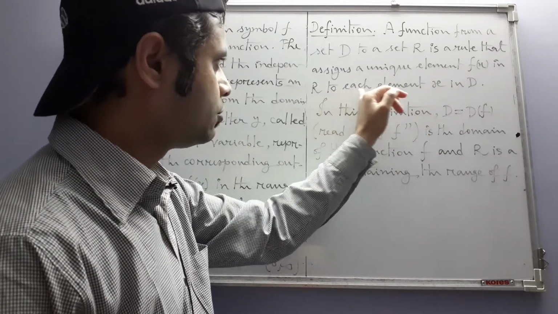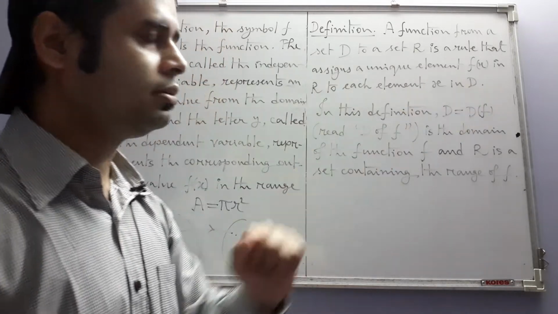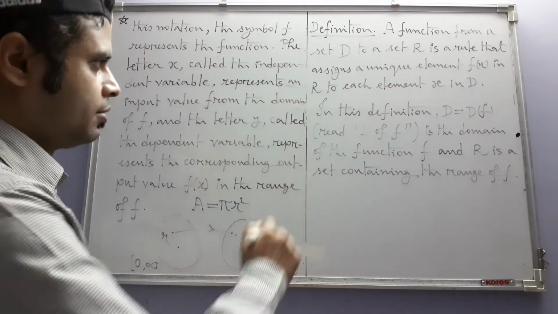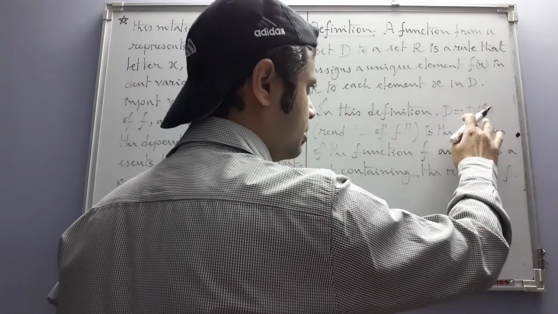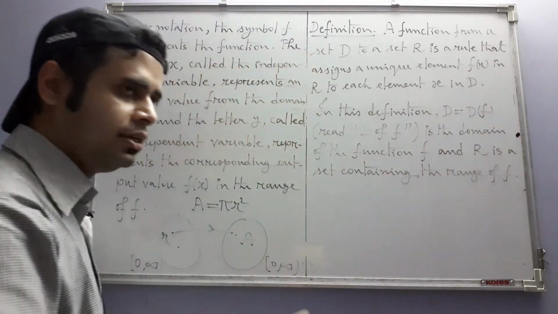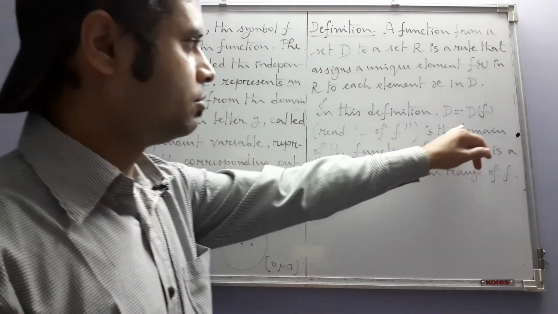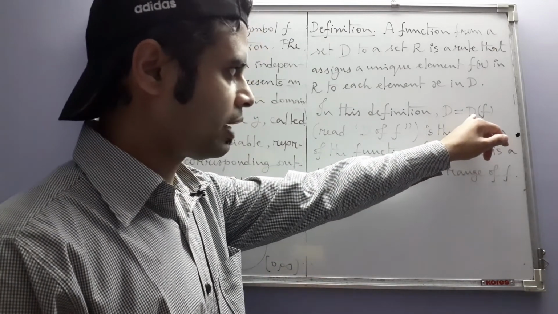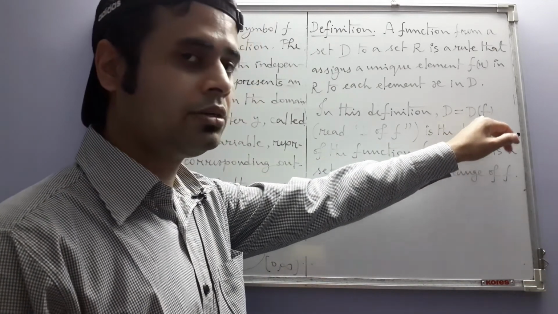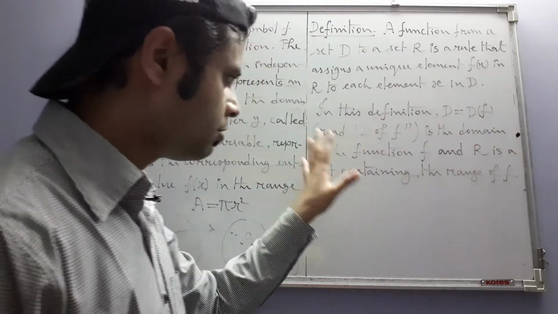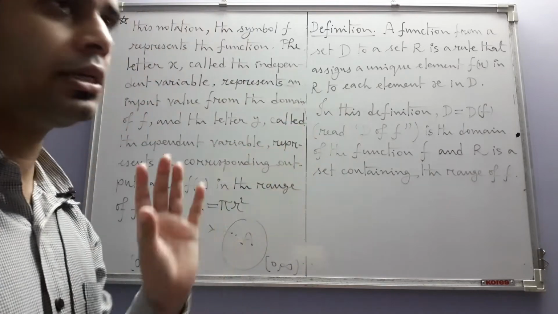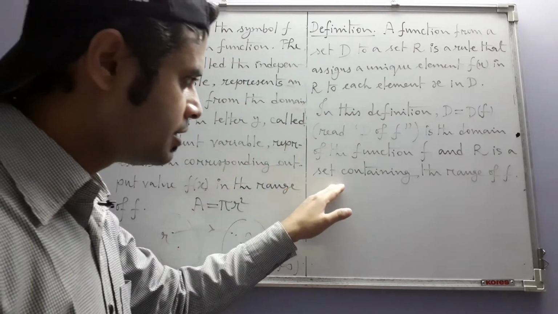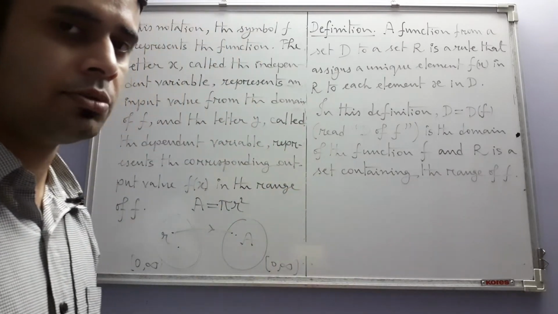In R, to each element x in D. In this definition, this D, which also is sometimes written as D of f to denote that it is the domain of f, is the domain of the function f, and R is not necessarily the range. R is a set containing the range of f.